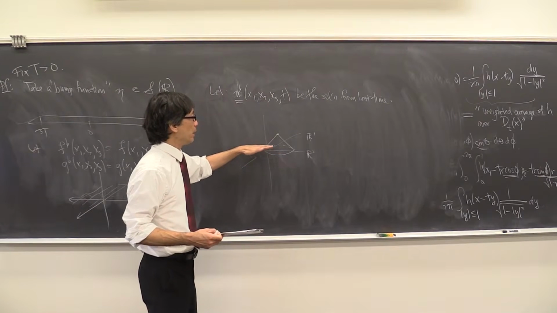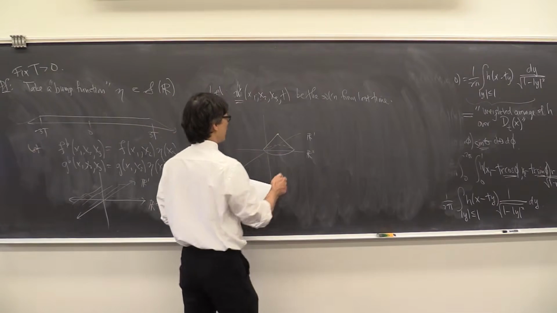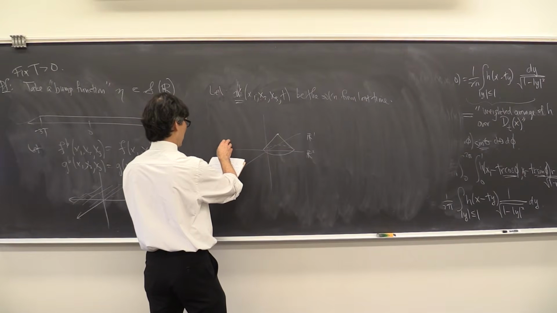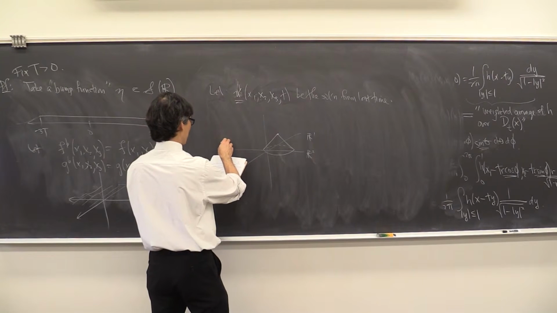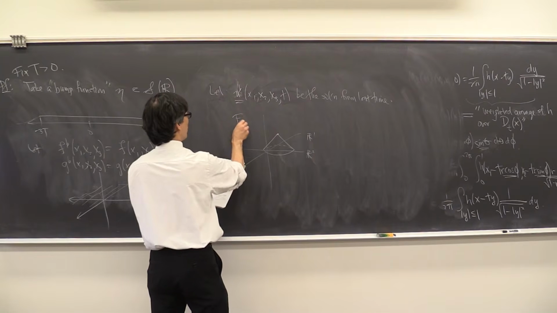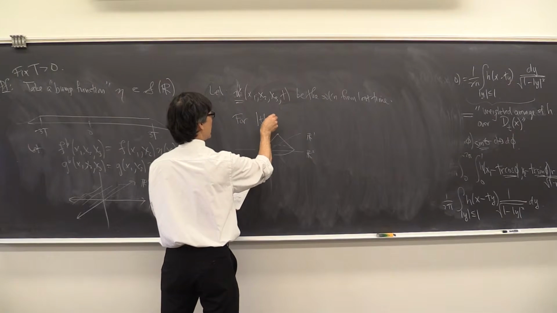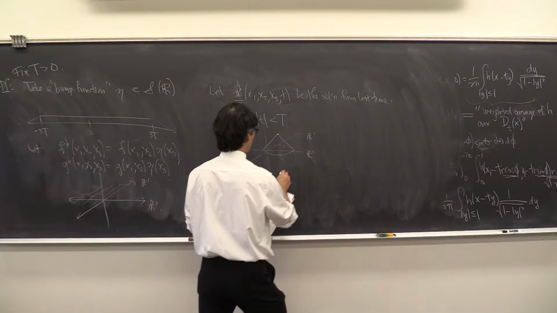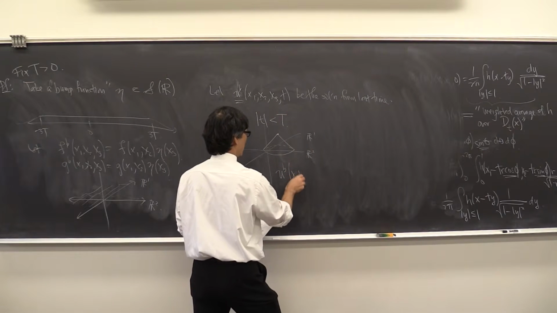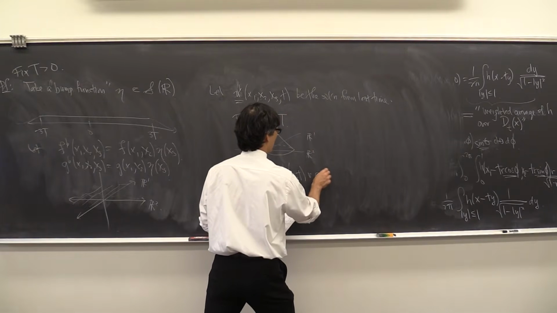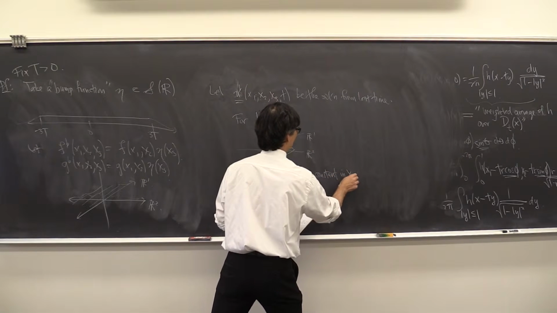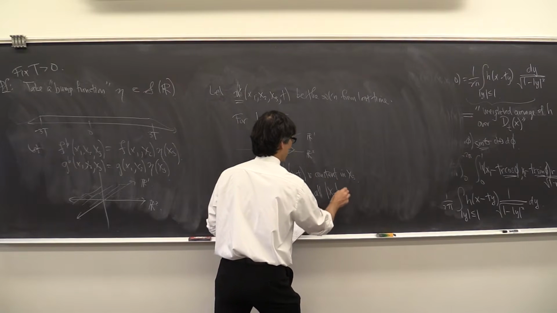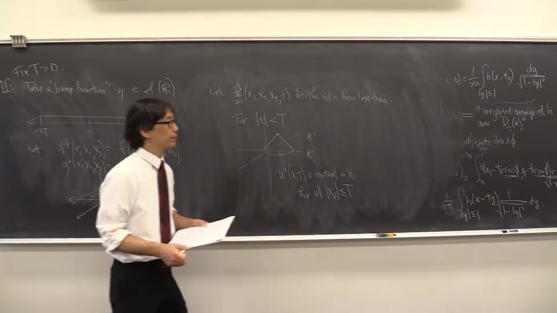And that data, as long as we stay for absolute value of t less than big T, u flat x t is constant in x3 for all x3 in size smaller than t.